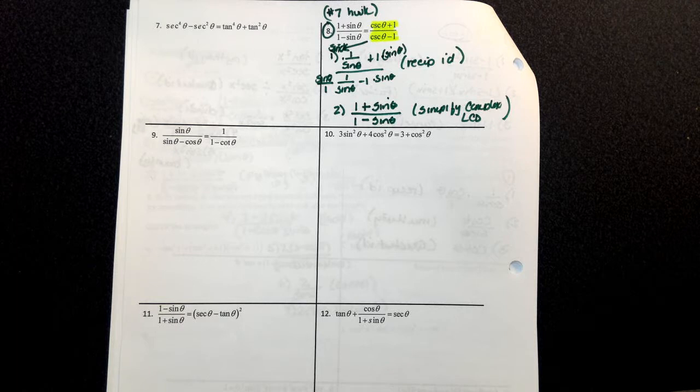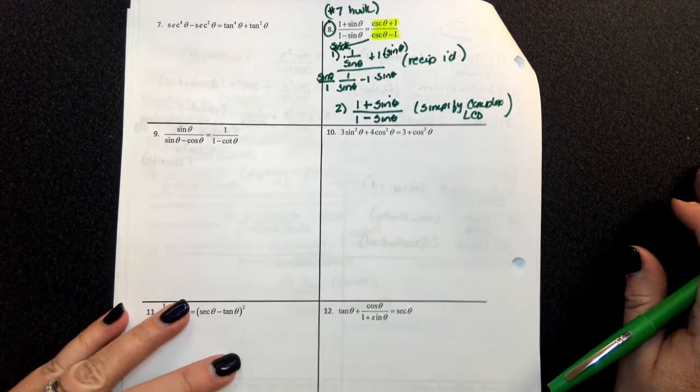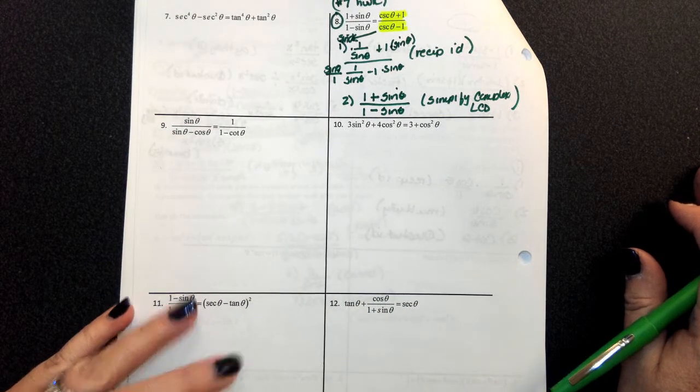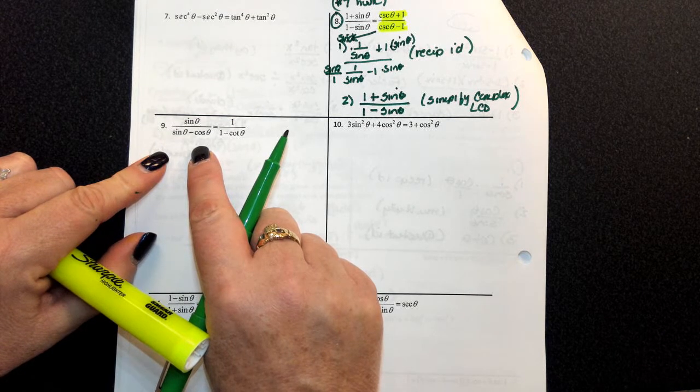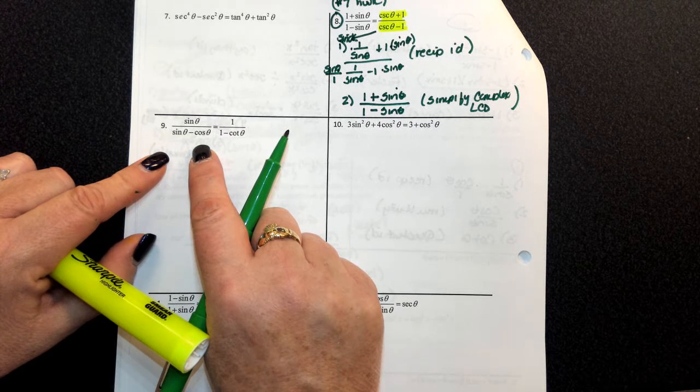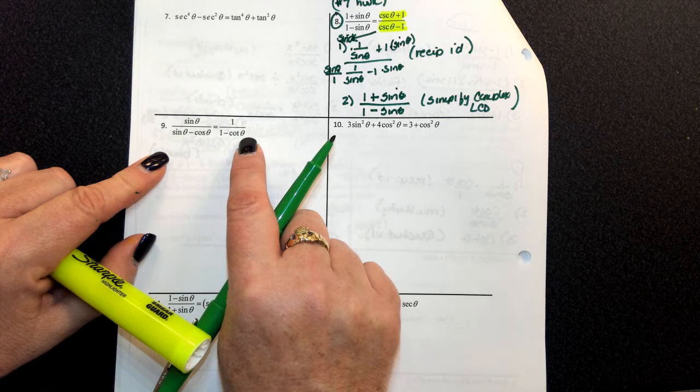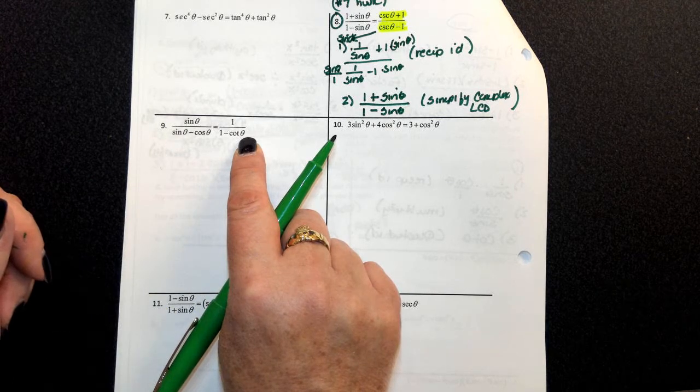Okay? Look at 9. This will also help you with number 7 on the homework. It appears that the left-hand side is more complicated than the right, doesn't it? However, I have no idea how to get started on this. Look at the right. At least with cotangent, what can I do with cotangent?